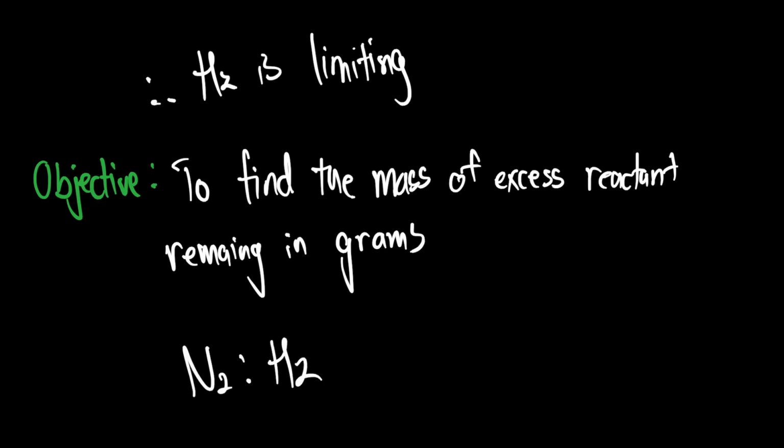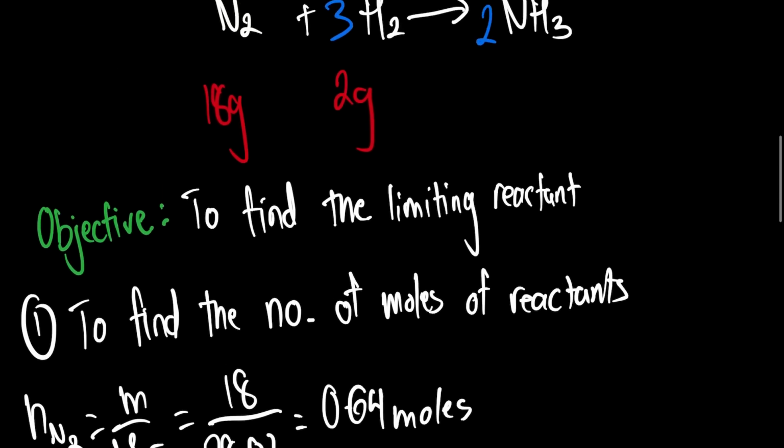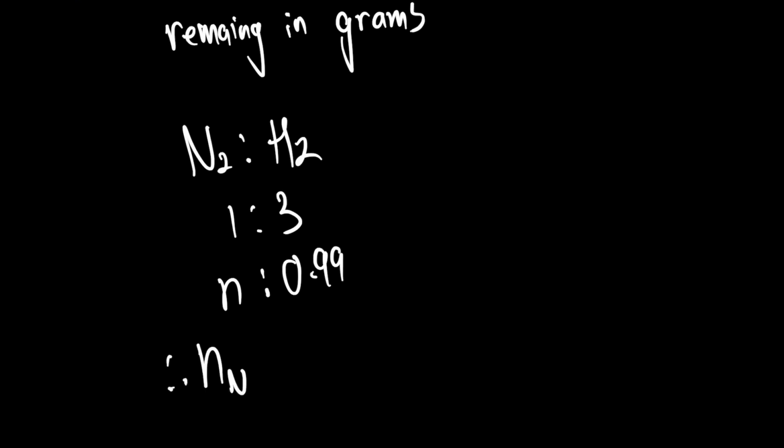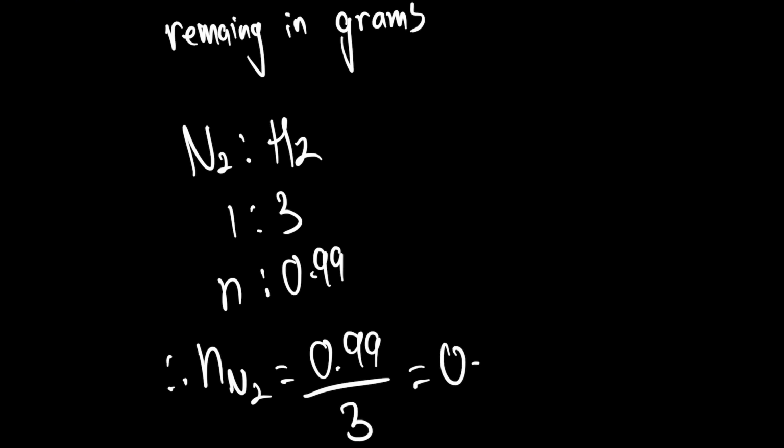Hydrogen, which is essentially comparing their balancing numbers, 1 to 3, and their moles, which is 0.99. Therefore, moles of nitrogen are equal to 0.99 over 3, which gives 0.33.